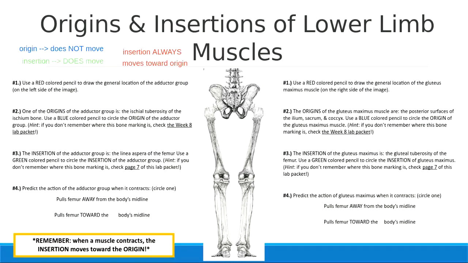Simplest, easiest way to think about muscle movements. When a muscle contracts, the moving attachment site, the insertion, always moves closer to the origin. That's what we talk about with origins and insertions.